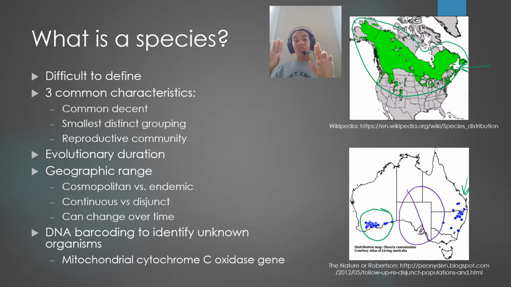However, the sequence of this gene between two species is vastly more different, right? So if you compare the gene sequences of this gene between what you think may be two different species, you might find out that these two organisms that you thought were different species are actually the same species, or you might find that they're actually different species using this genetic analysis technique.